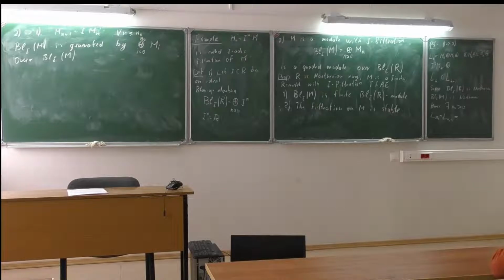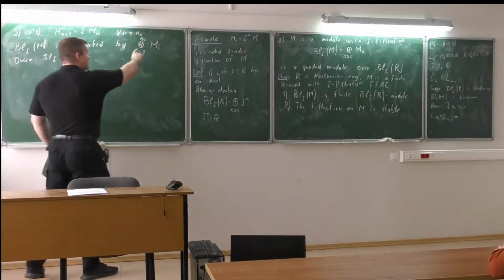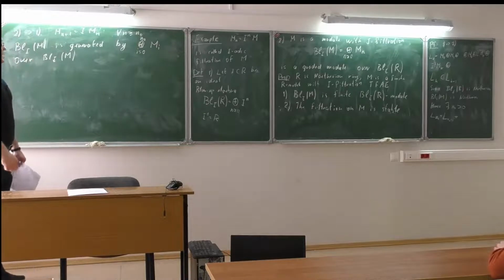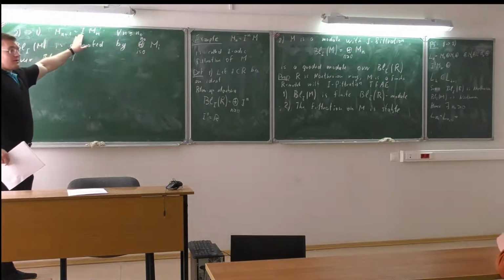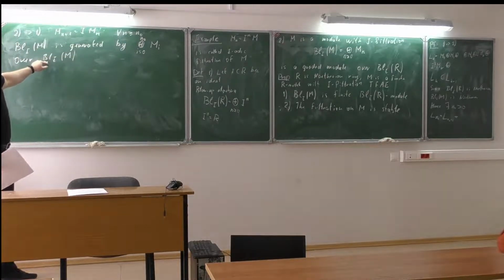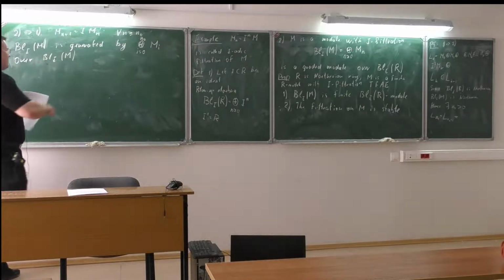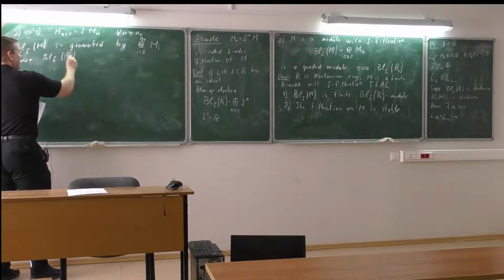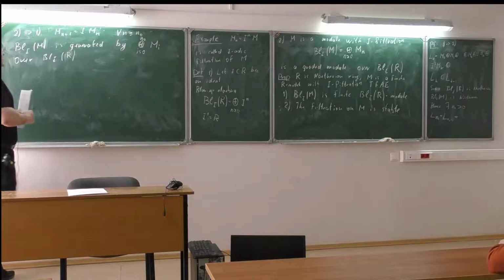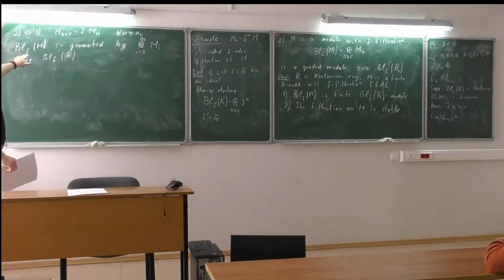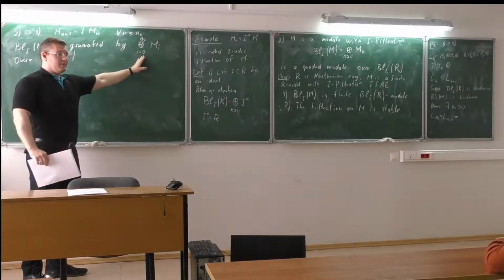It's enough to consider only the first several components, since all other components you can get by multiplying by something in the ideal I, but the ideal I sits inside the blow-up algebra's degree 1 part. Should it be blow-up algebra? Yes, thank you. So the condition that the filtration is stable immediately gives that this thing is generated by this finite sum.